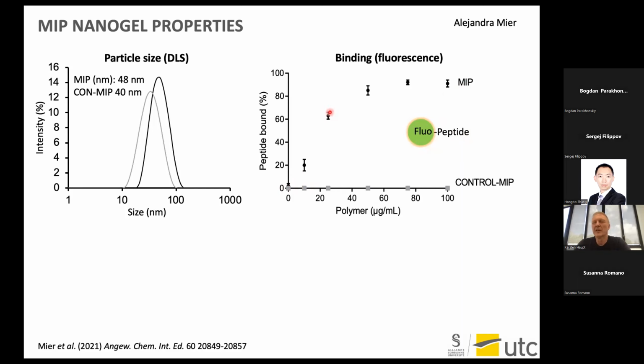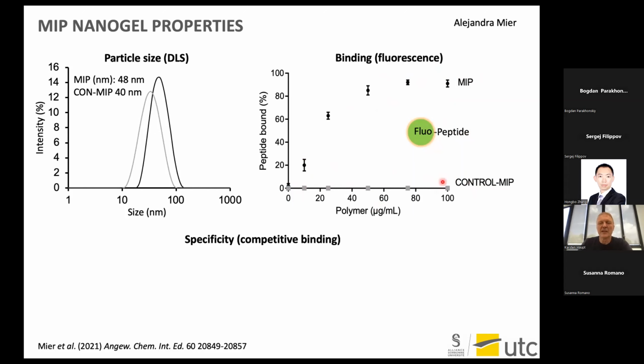So we take a constant concentration of the fluorescent peptide and incubate it with increasing concentration of antibody. And then, if everything works, we will have a hyperbolic binding curve, and the control polymer should not bind if possible, which is the case here. So imprinted against a different molecule, there is no binding.